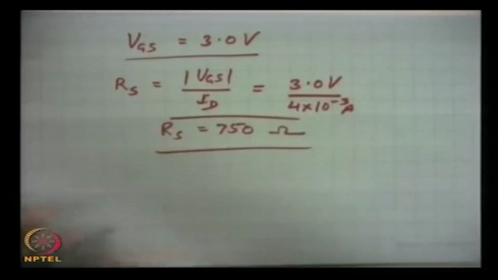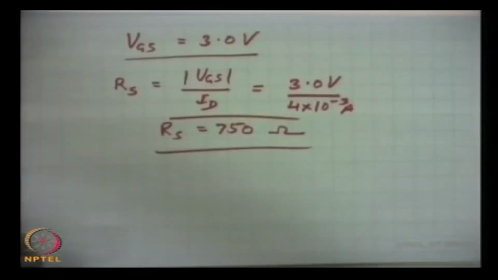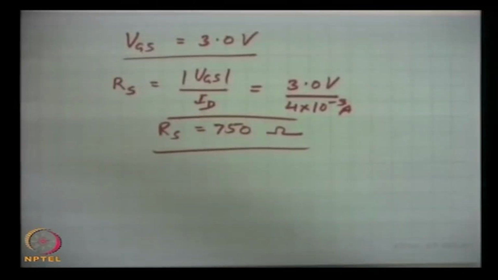We have found the value of RS, and to find the value of RD, the drain resistance, we have to sum up the voltages in the output circuit.